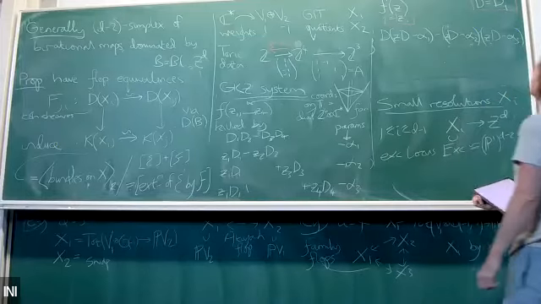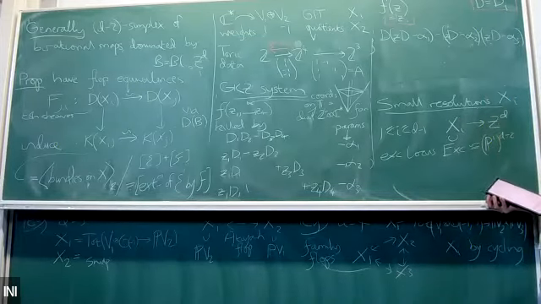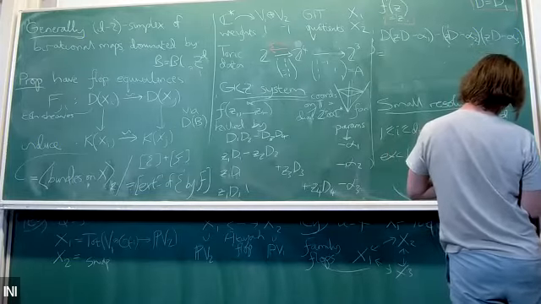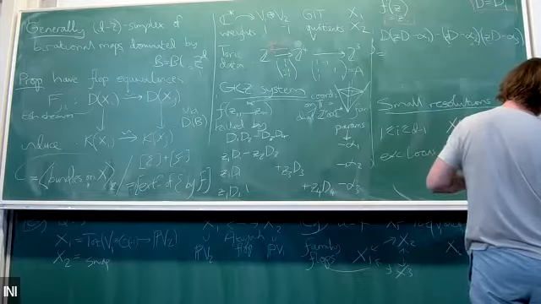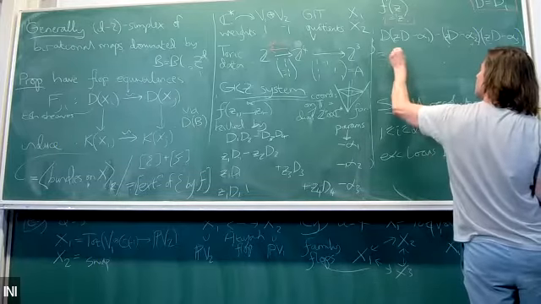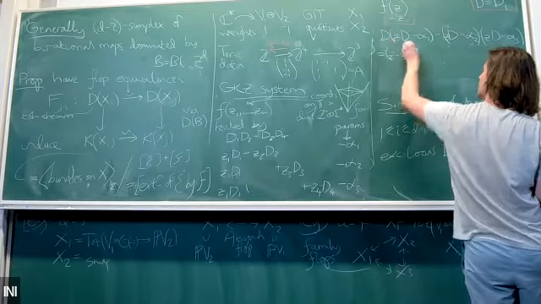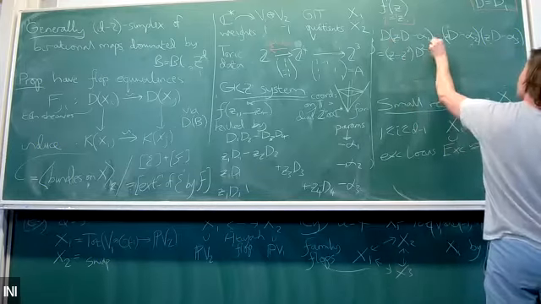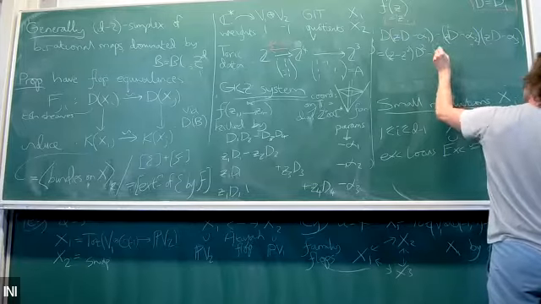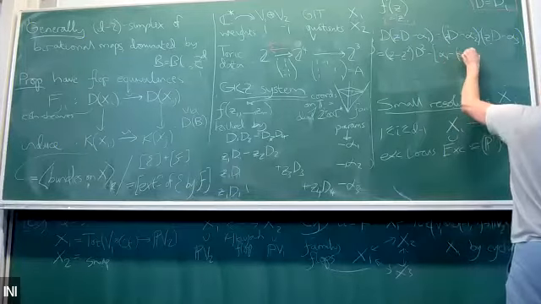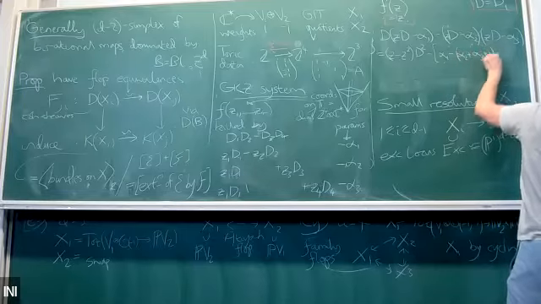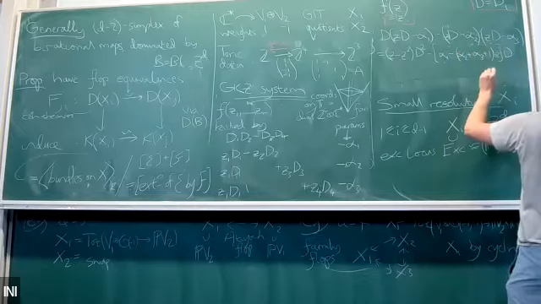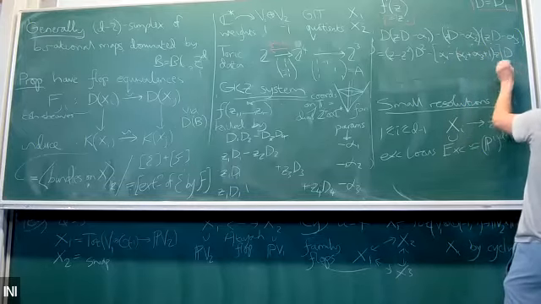And some simple manipulations give something which you may be familiar with: D minus D squared minus alpha 1 minus alpha 2 plus alpha 3 plus 1 D, minus a constant.